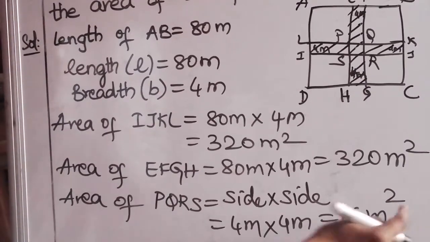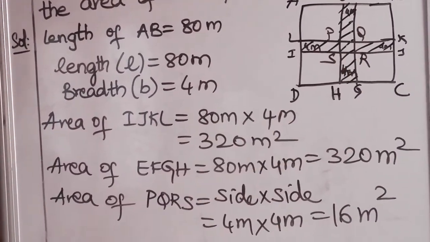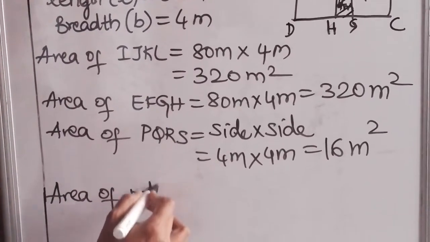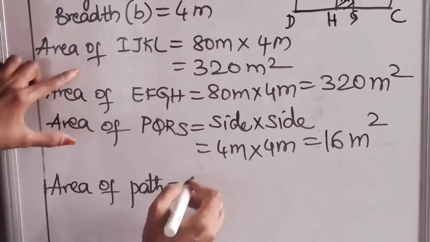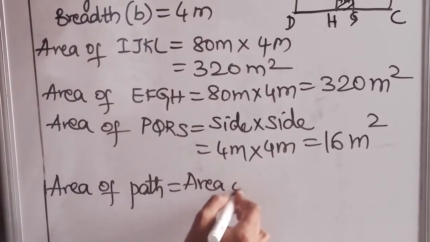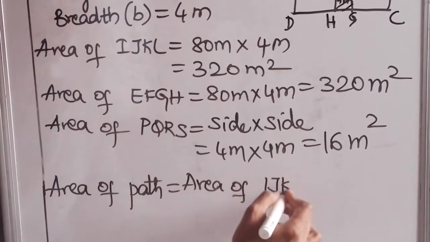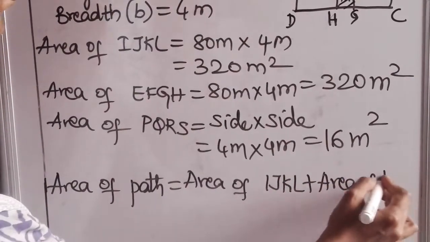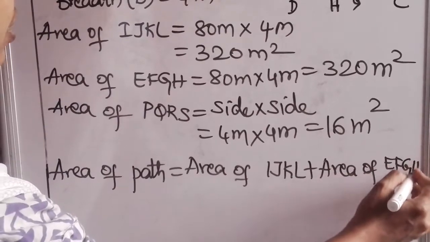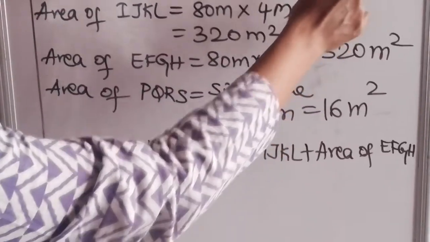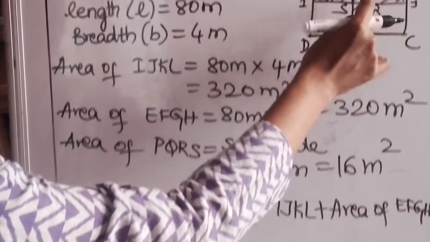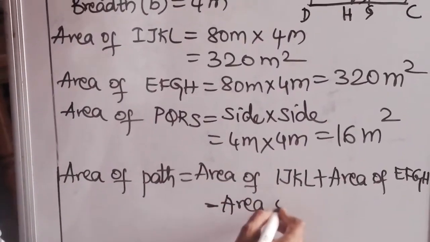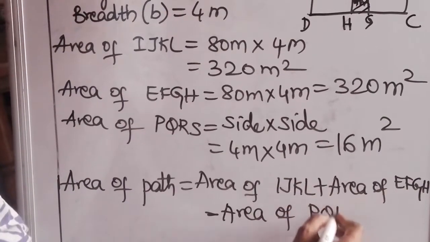So 16 square meters. Now to find out the area of path. Area of path is equal to area of IJKL plus area of EFGH minus, because this is repeated twice, we are subtracting this area, minus area of PQRS.